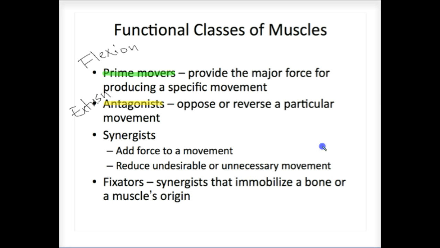Synergists basically add to the movement. For example, if you look at plantar flexion, the soleus is a synergist with the gastrocnemius for plantar flexion. Fixators are what help immobilize an area. So for example, when we throw, you'll notice that you have different parts of your different joints in action at different times, and so certain things have to be very stable.